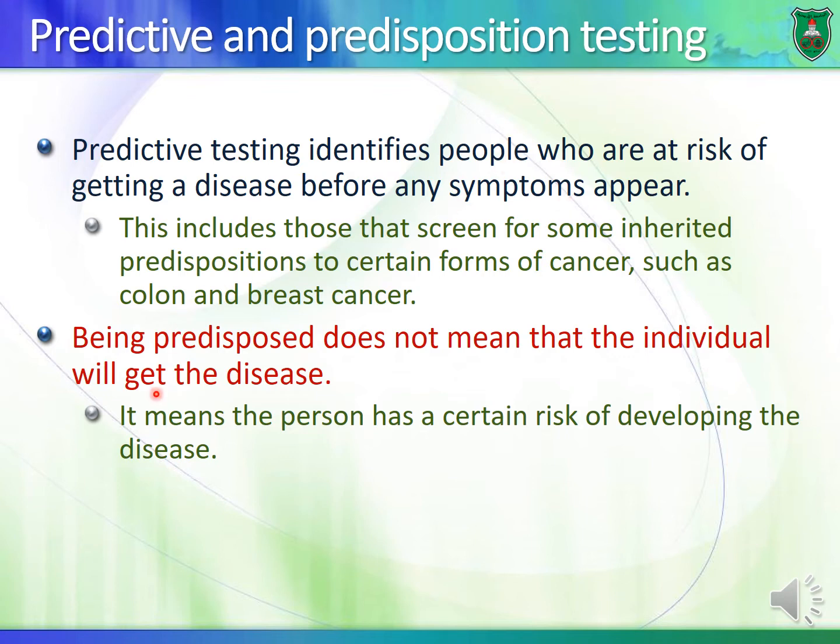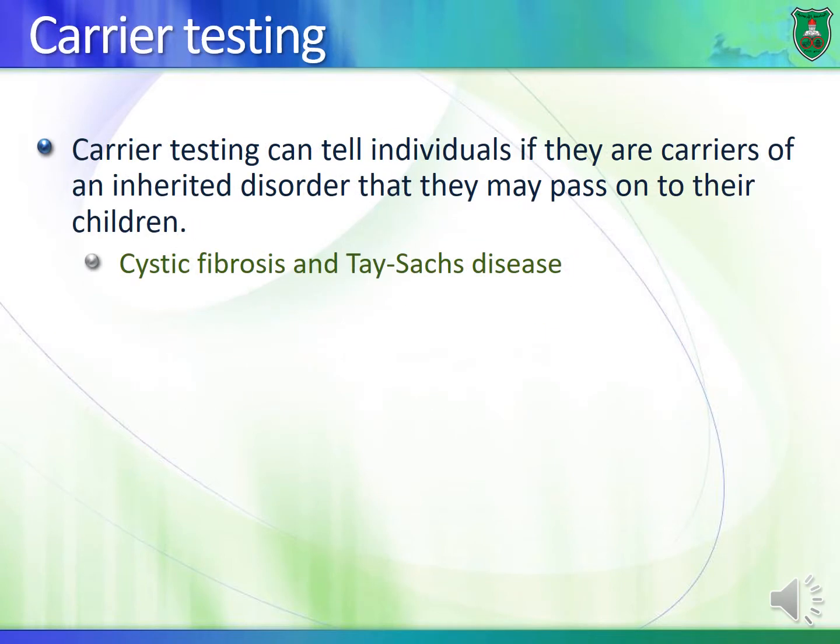With predisposition testing, if it turns out to be positive, it does not mean that the individual will get the disease. It just means that this person is at risk of developing the disease, and usually a certain figure is given, like I said. Now, carrier testing is basically telling if individuals are carriers of a mutant allele or not, and the possibility of passing their mutant allele to their offspring.